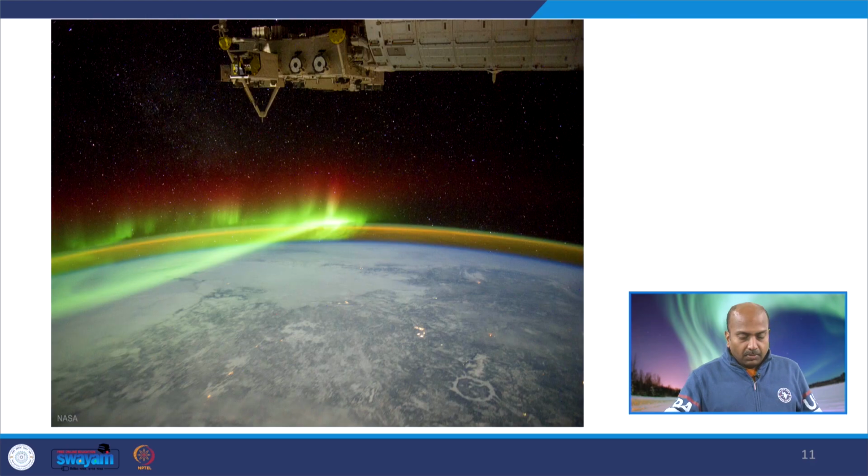And if you look at this picture, this is a photograph taken from the International Space Station, where you can clearly see the green line and red line airglows present as a uniform background covering the limb of the Earth. Right. So, in the subsequent lectures, we will try to understand how these very emissions can be very important tracers for monitoring the space weather activity, etc.